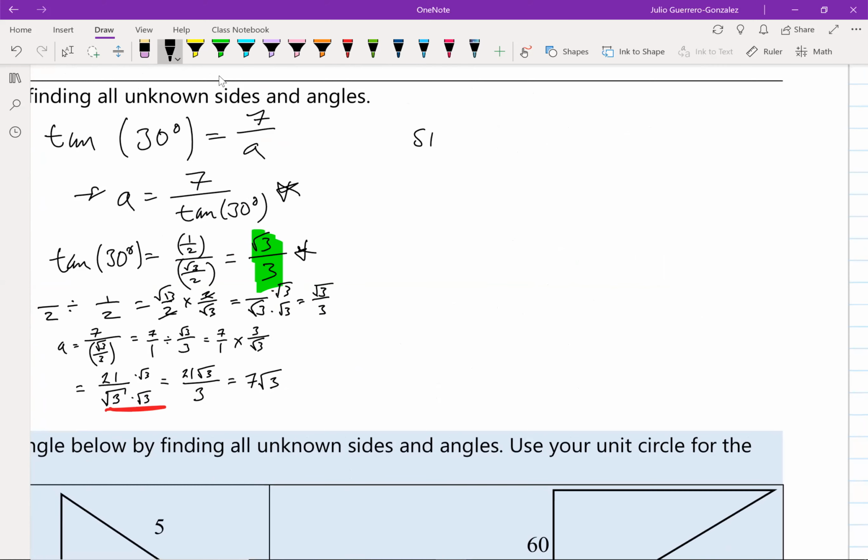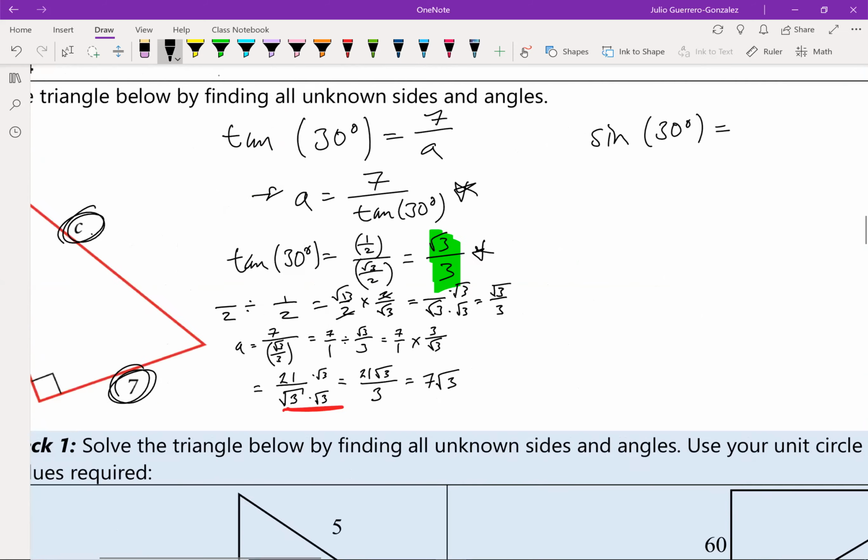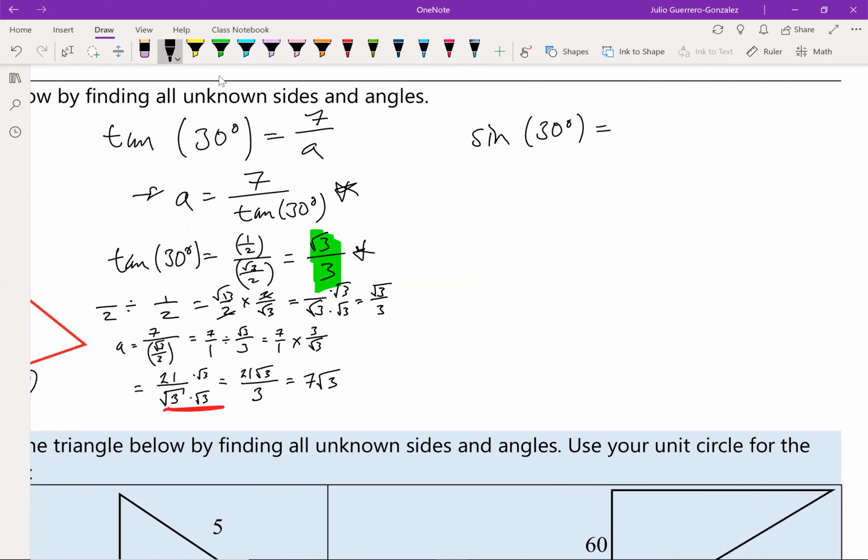So I'm going to do sine of 30 degrees is equal to my opposite, so what letter was that? Oh, 7 divided by C. This implies C is equal to 7 divided by the sine of 30 degrees. Again, we can use our unit circle. 7 divided by sine of 30. Look at that, that's 1/2.